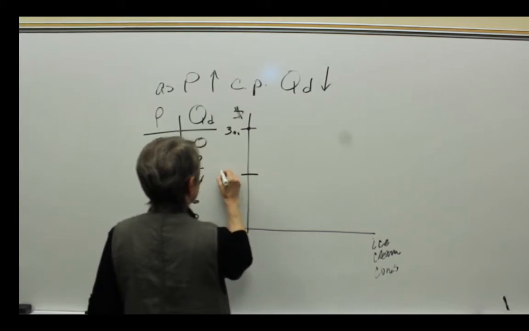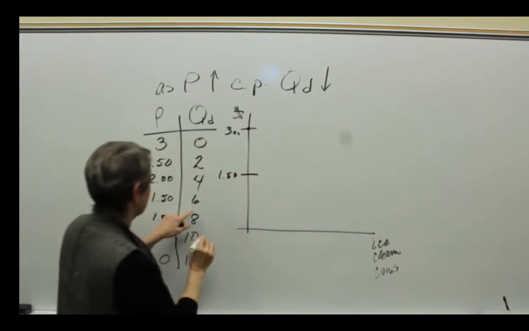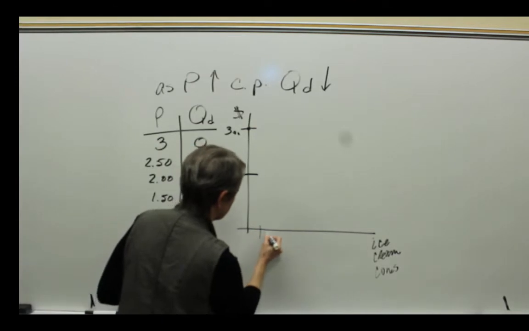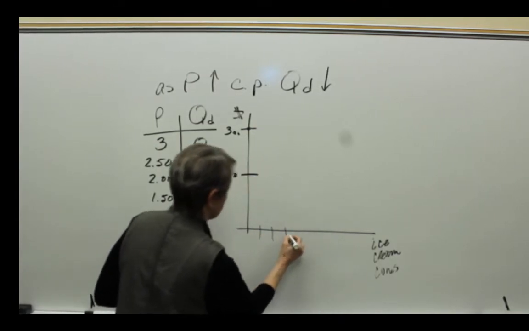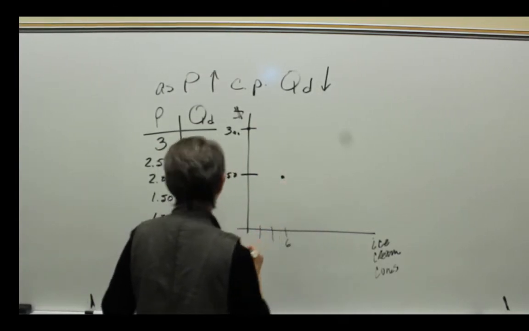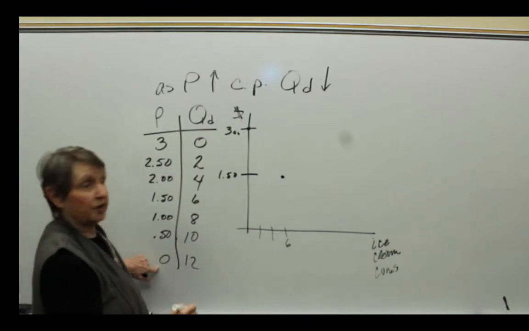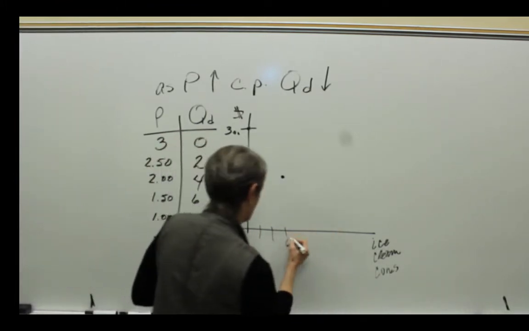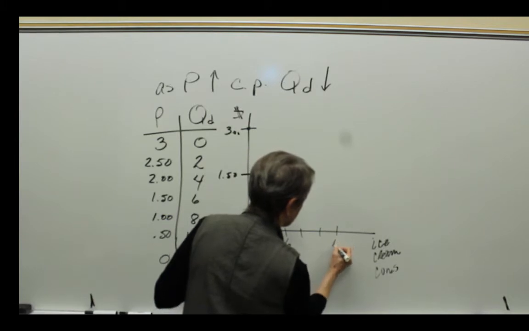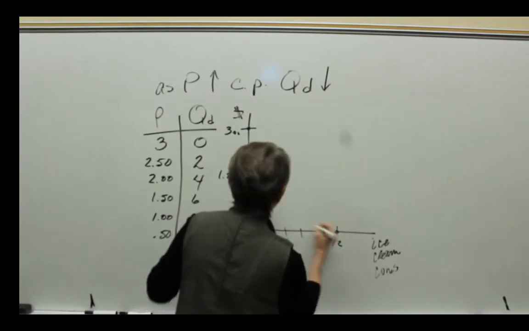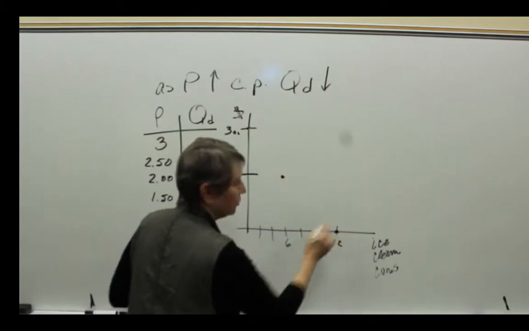If the price is $1.50, we would sell 6. We'd sell 6 if the price were $1.50. If the price were 0, if it were free, we're giving them away, we could sell 12. So here's 3 points on my demand curve.